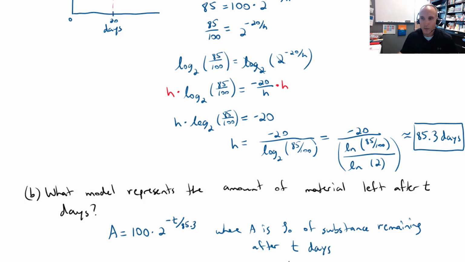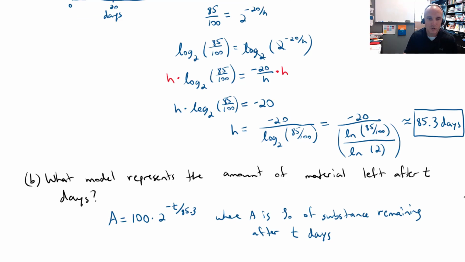So now, if I wanted to answer other questions with this model, I could perhaps ask how much of the material remains after 10 days. And I could simply plug a 10 in for T and calculate. Or I could say, how many days does it take to decay to 20%? Well, I'd plug in 20% for my amount and solve the equation using algebra for T to get the time.